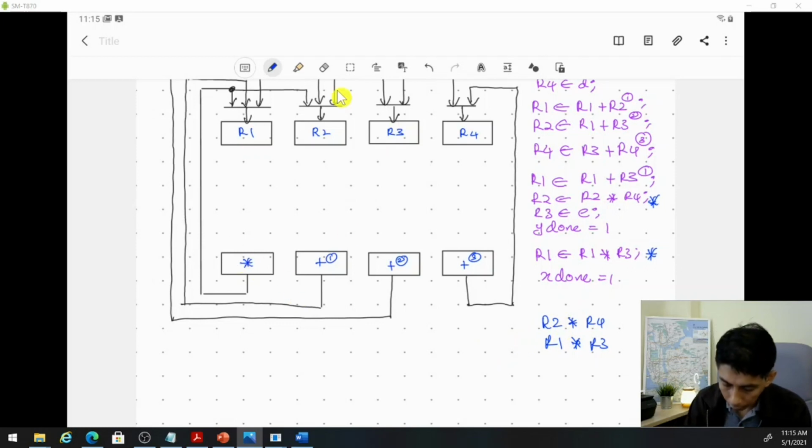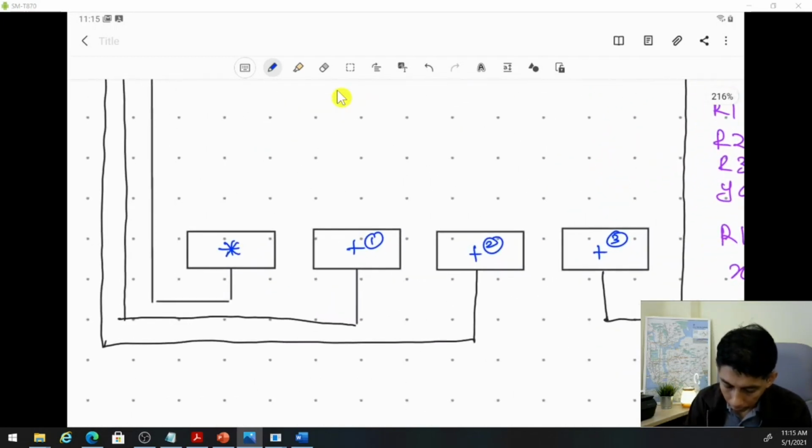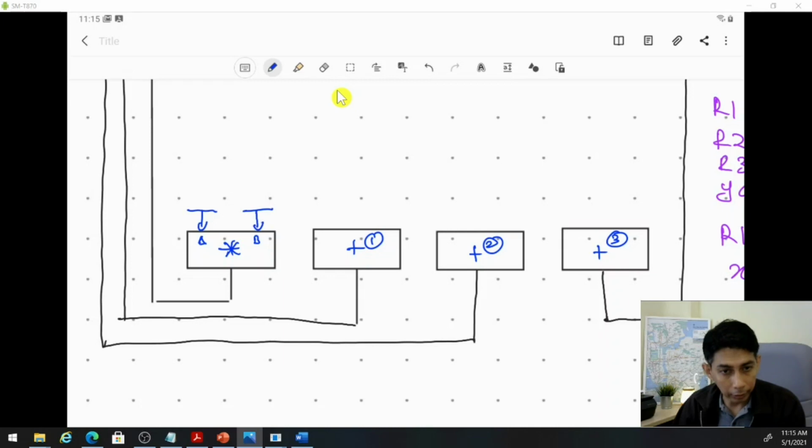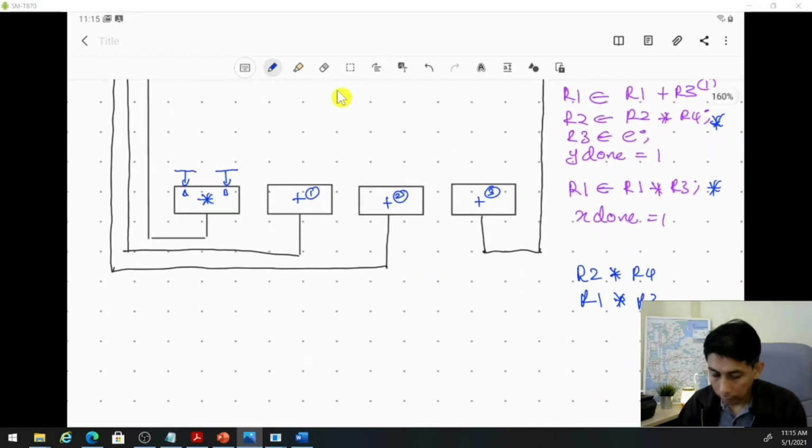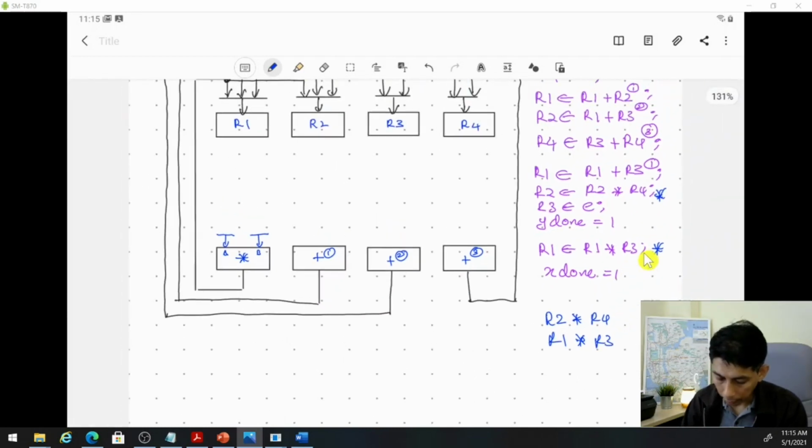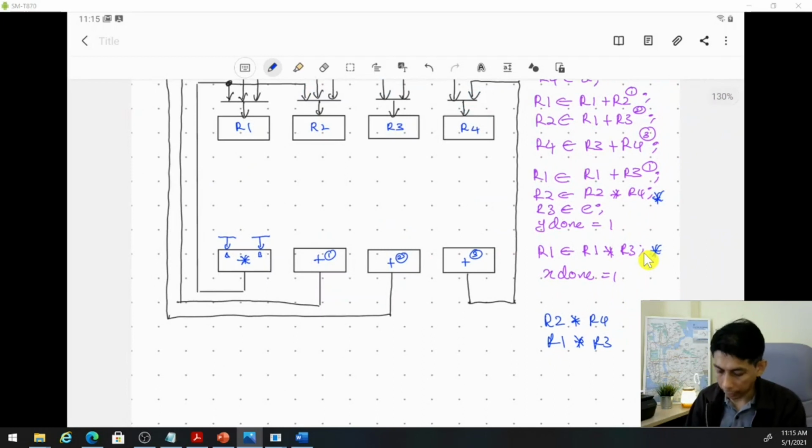For example, if your multiplier has input A and B, to go to A here, you need a multiplexer, and to go to B here, you need another multiplexer, because at the input you need to select whether you want R2 multiplied by R4, or R1 multiplied by R3. All right.